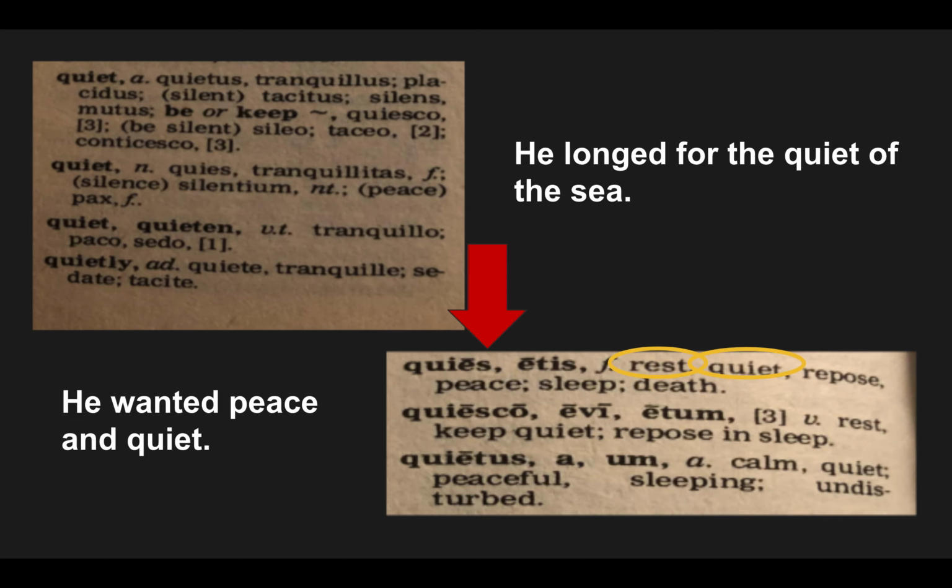On top of that, as I look further at the definitions, you have repose, peace, sleep. Sleep is kind of a giveaway that maybe this is not quite what you would want here, but in addition, the word death is implied, so it's determining some kind of finality there. So quies is probably not the form of quiet you're looking for in the sentence we're trying to use.